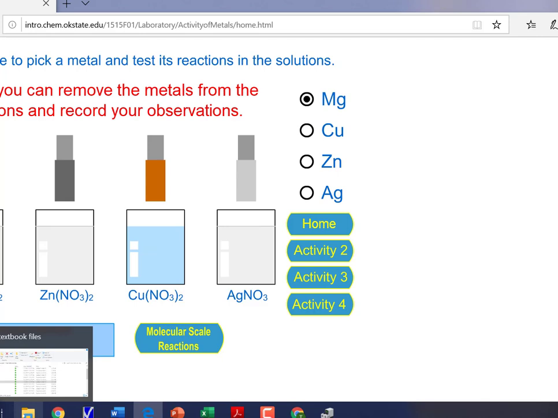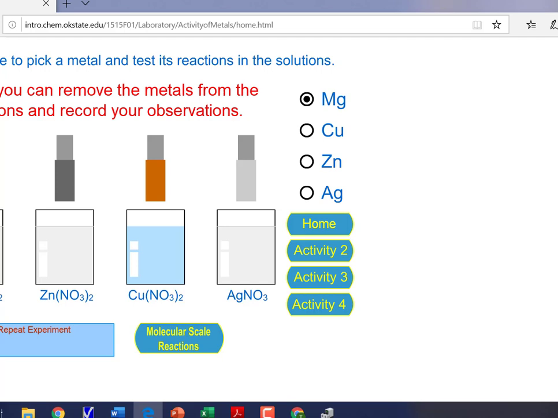Some of them reacted, some of them didn't. Right? If they reacted, that means the metal by itself was higher on the list than the metal in the solution. So it's easy to explain why MgNO3 and Mg did not react, because magnesium can't replace magnesium.